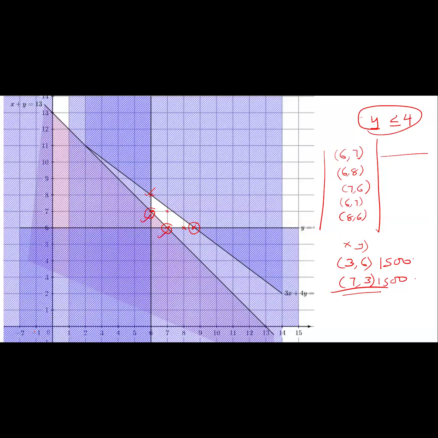Now, that 9 and 6 is not going to be okay, because it will be out of the region. Like I'm saying, extract integer values. An integer is a whole number.